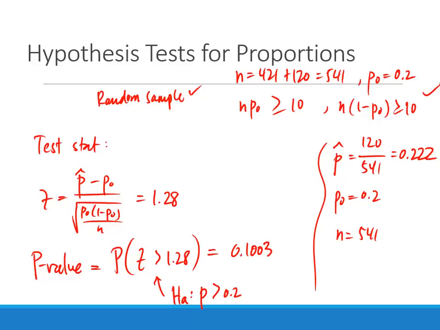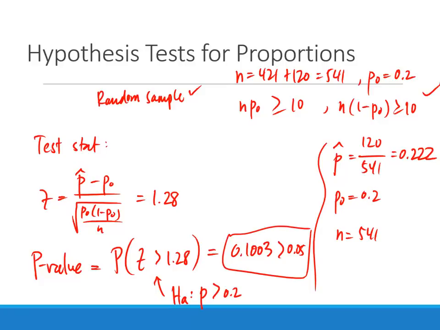Alpha, we want to use 0.05 here, so what's my decision? The p-value is bigger than alpha, so what am I going to do? How about someone in the back there? So again, my p-value is bigger than 0.05.